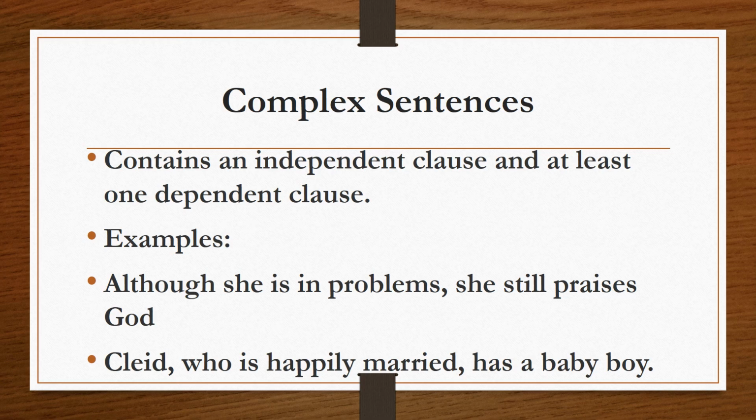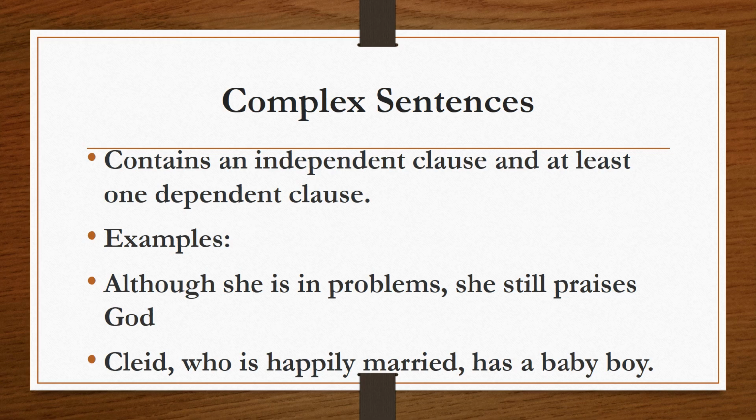So we have Clyde, and then in between there is a dependent clause, and then part of the independent clause. So in other words, we are saying that Clyde has a baby boy is an independent clause. And then what is in the middle? Who is happily married becomes a dependent clause.